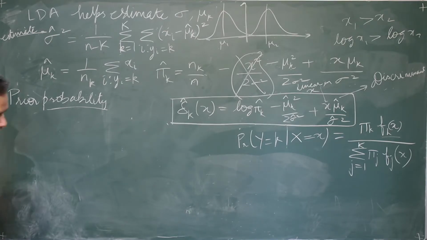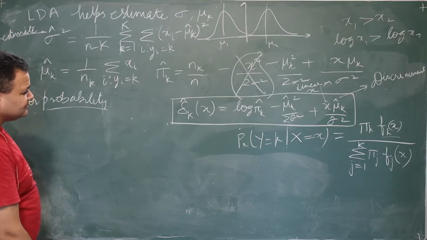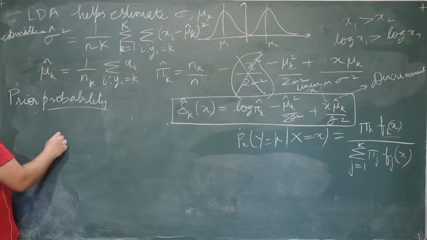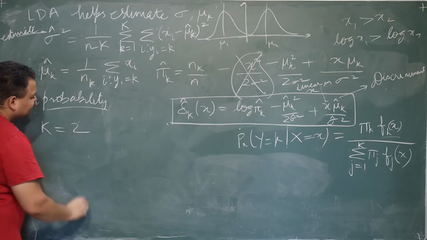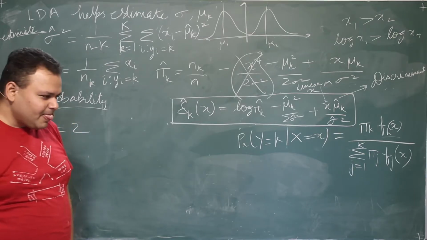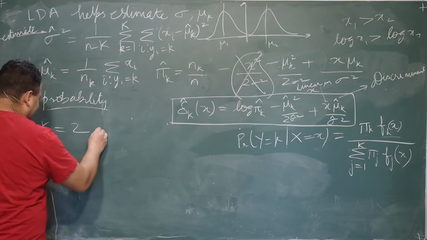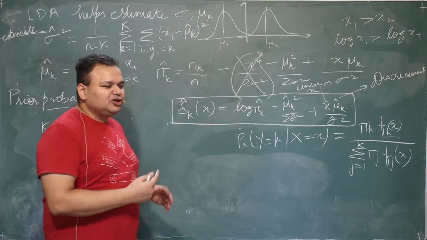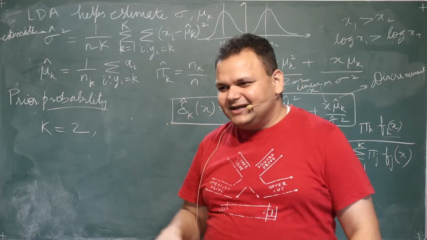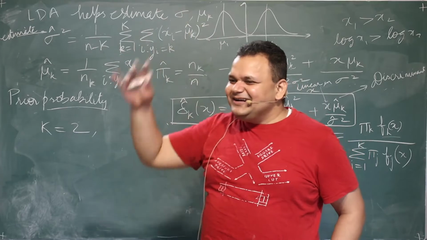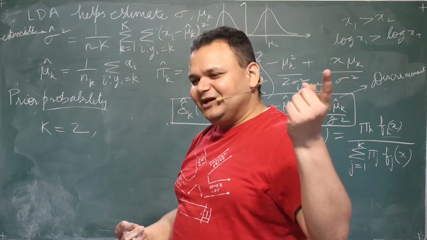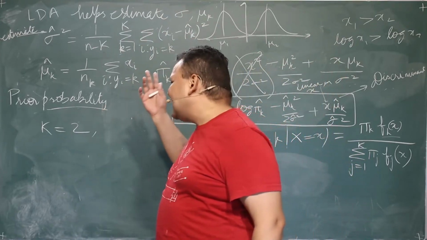I was trying to give an example. Let us say we have capital K equal to 2. There are two classes, and I am assuming that both of them are equally divided. If you look at your training data, the number of times class 0 appears is the same as the number of times class 1 appears.